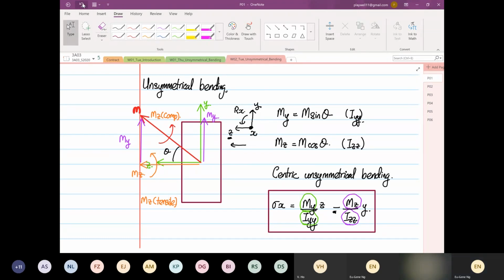So you know on the right hand side, on the head side, MY will be compression. And on the tail side of the bending moment vector arrow, MY will be under tensile.